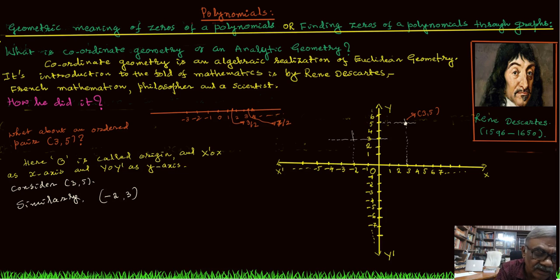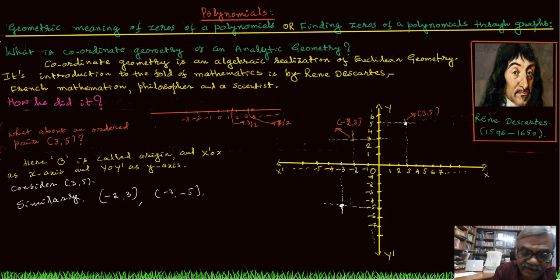So this is the point (-2, 3). Another point is (-3, -5). We take minus 3 with a line parallel to the y-axis and minus 5 with a line parallel to the x-axis.